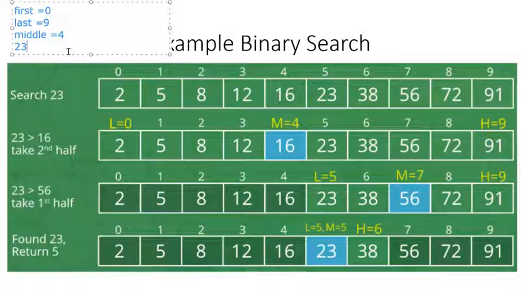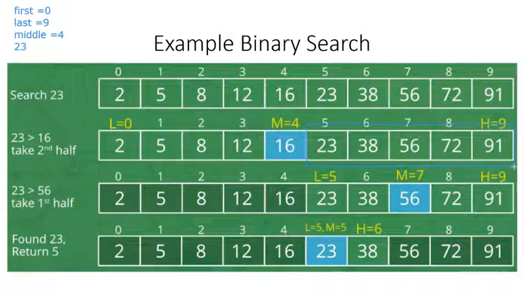The answer is yes. That means the element might exist on the right hand side of 16 because the list is in ascending order, and hence this list has been halved. So where are we going to find our element now? We are going to find it in this list because 23 is greater than 16 and hence it cannot be on the left of 16.